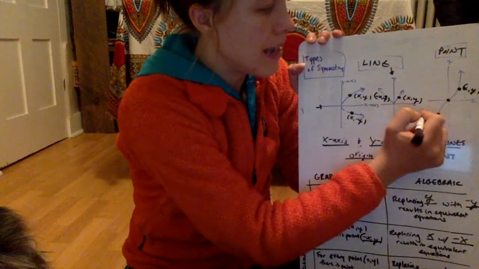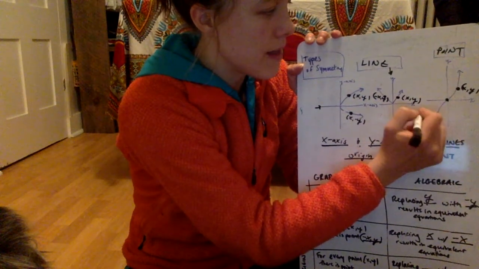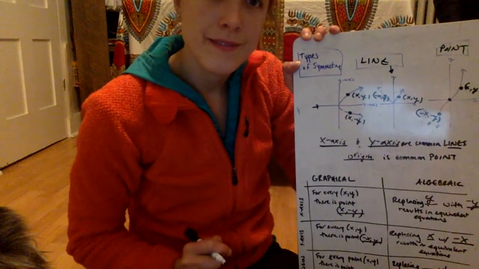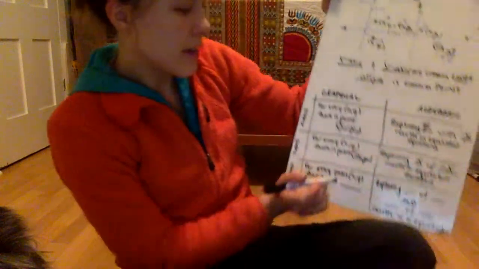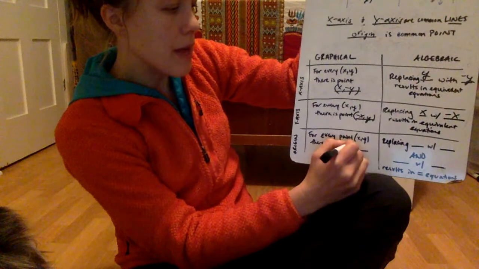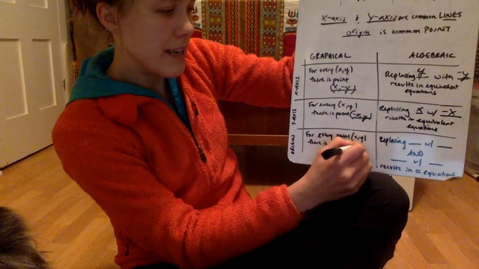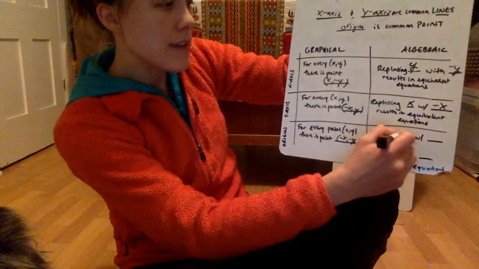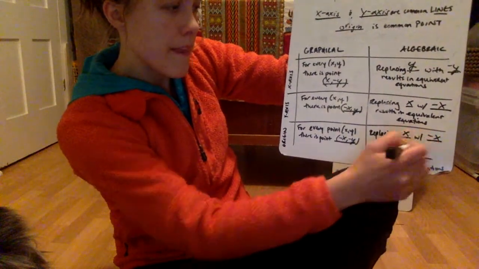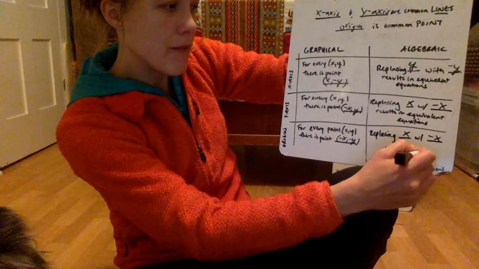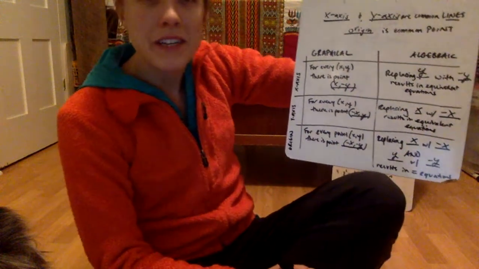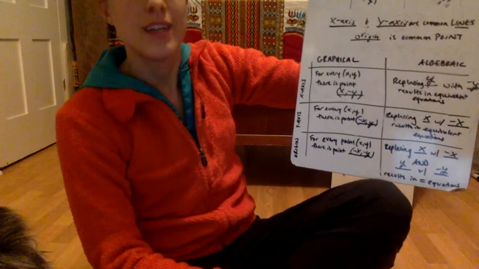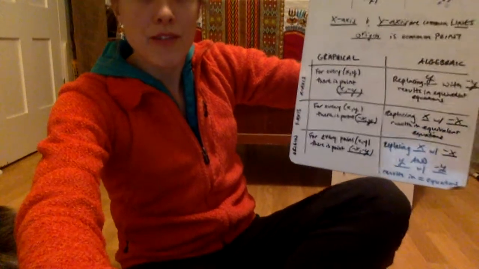So this is a negative x, negative y. So for every point x, y, there is a point negative x, negative y on the graph. So I replace x with negative x and y with negative y, and they result in equivalent equations. So we're going to look at what that means right now.